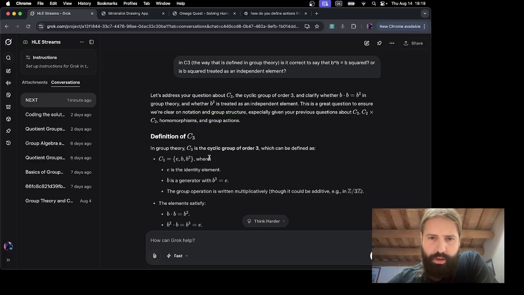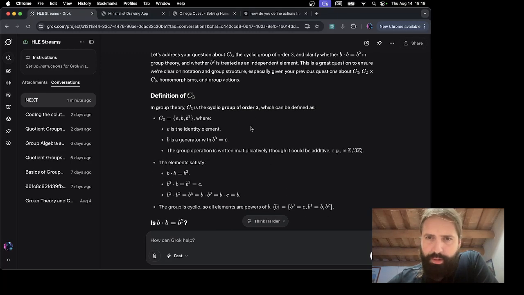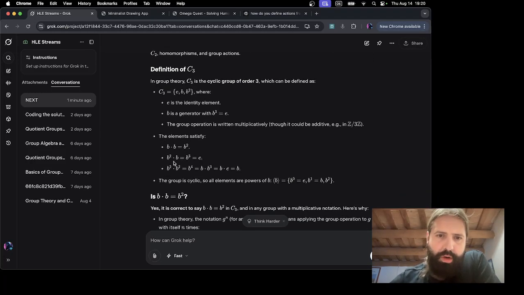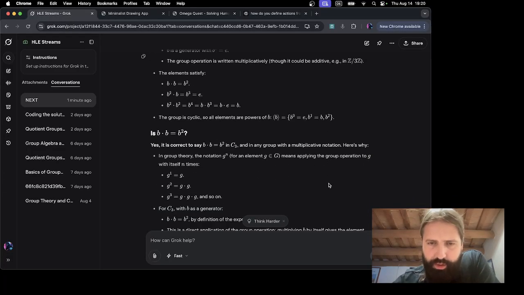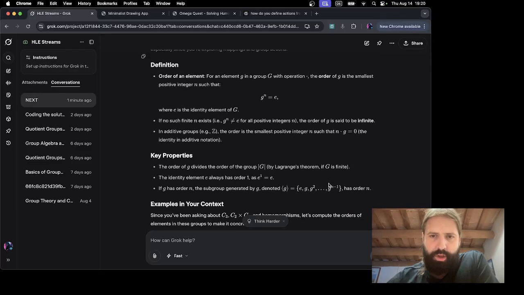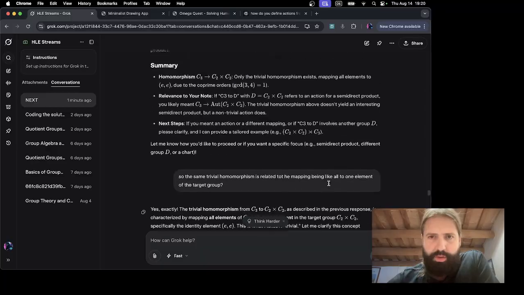In group theory, C3 is a cyclic group of order 3, which can be defined as E, B, and B squared, where E is the identity element, B is a generator with B3 equals E. The group operation is written multiplicatively, though it could be additive. The elements satisfy BB equals B squared, and B squared times B equals B3 equals E. Yes, that's correct to say that BB equals B squared. So that is actually correct, and that's something you have to assume.